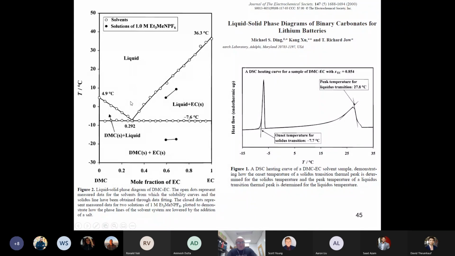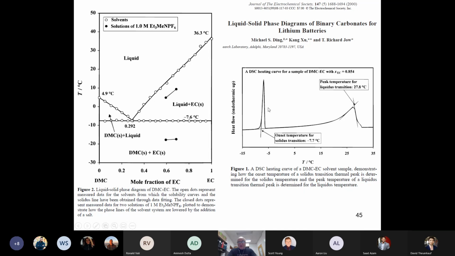These types of phase diagrams are determined with what's known as differential scanning calorimetry or differential thermal analysis. So what you do is you make a mixture, you cool it to low temperature, and then you heat it up at a constant rate and you measure the heat flow necessary to heat it at a constant rate.